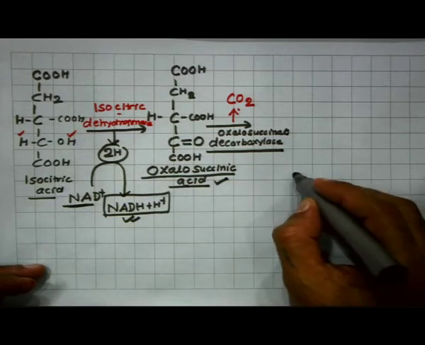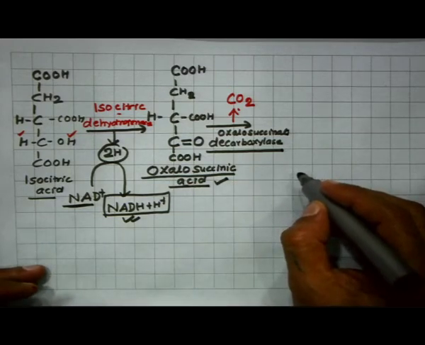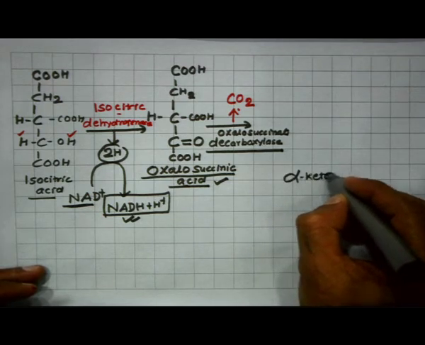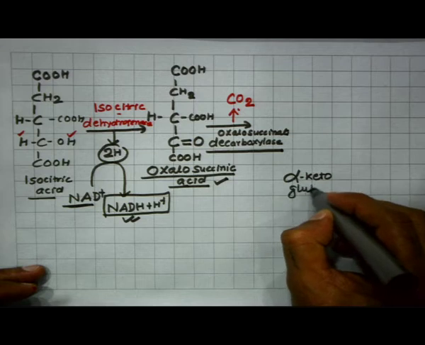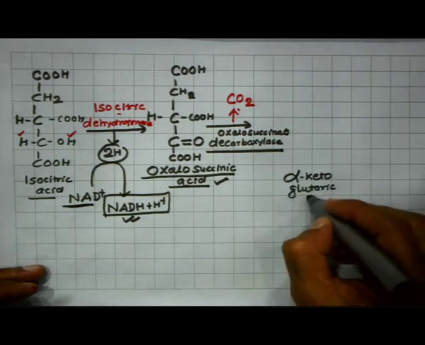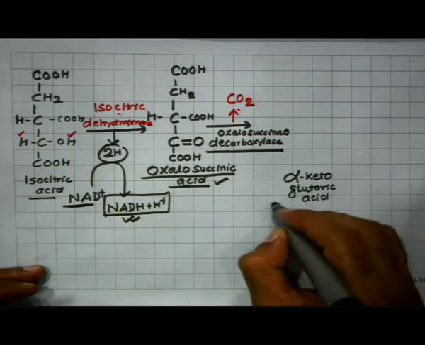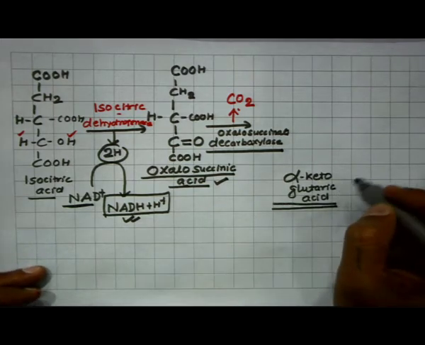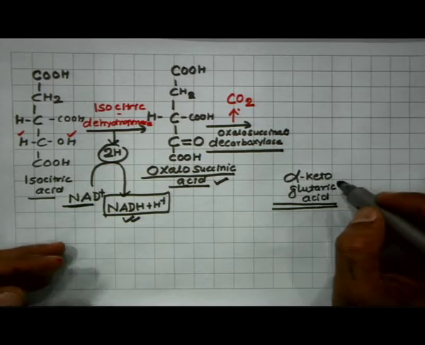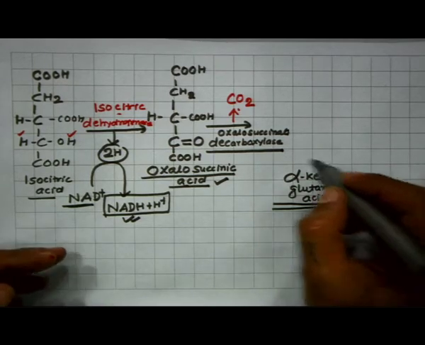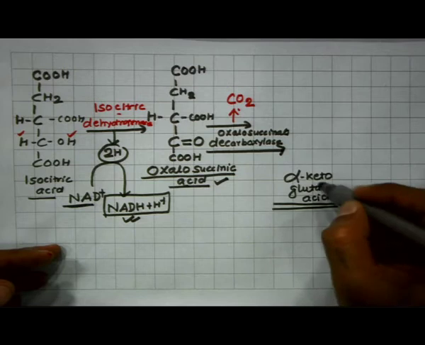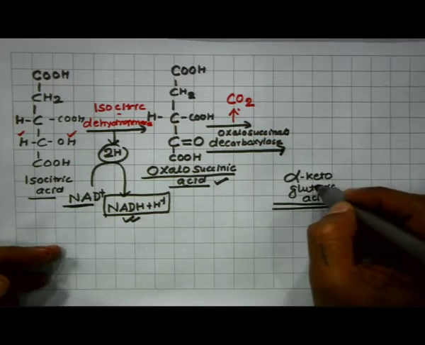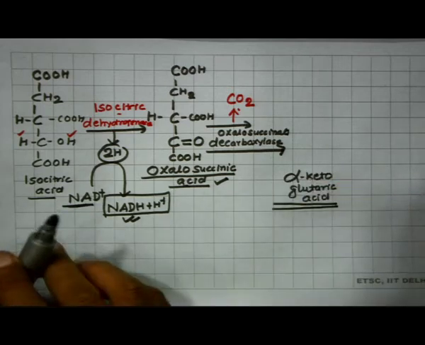From the oxalosuccinic acid, after the removal of carbon dioxide, there is the formation of alpha ketoglutaric acid, which is the intermediate product of the Krebs cycle. Besides carbohydrate, other substrates also form alpha ketoglutaric acid. This carbon dioxide is removed from here.